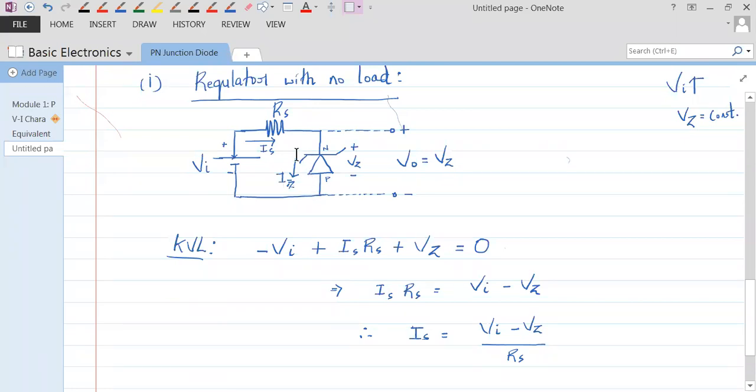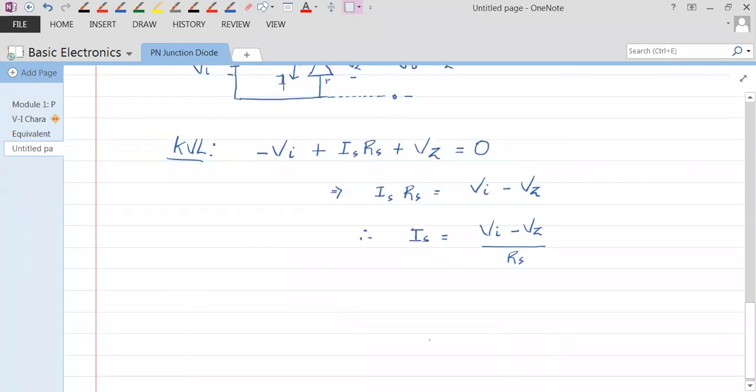So the current that is flowing through the Zener diode, IZ, is equal to the input current IS when there is no load connected. So you should also write IS, the input current, is equal to IZ.